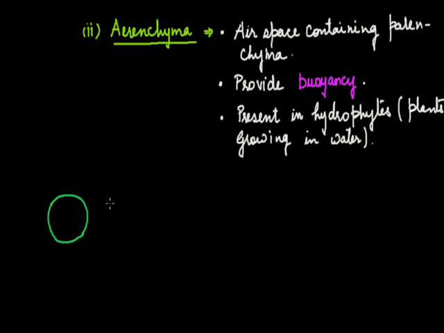These are roughly spherical cells, and in between the cells intercellular spaces are present. So they are not a compact tissue like the meristematic tissue, which is a very compact tissue because the air spaces are absent between the cells.